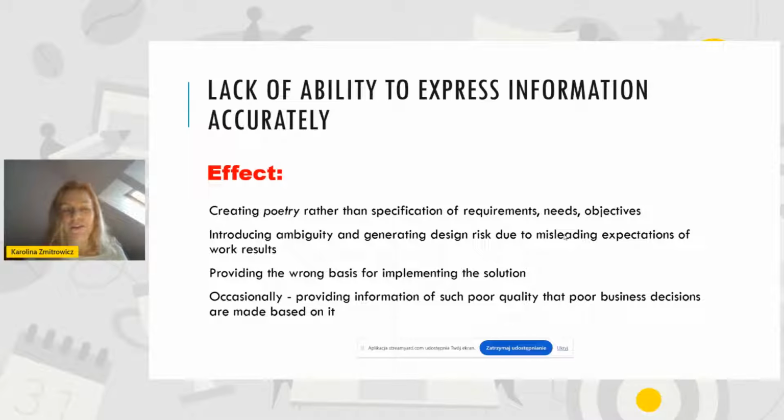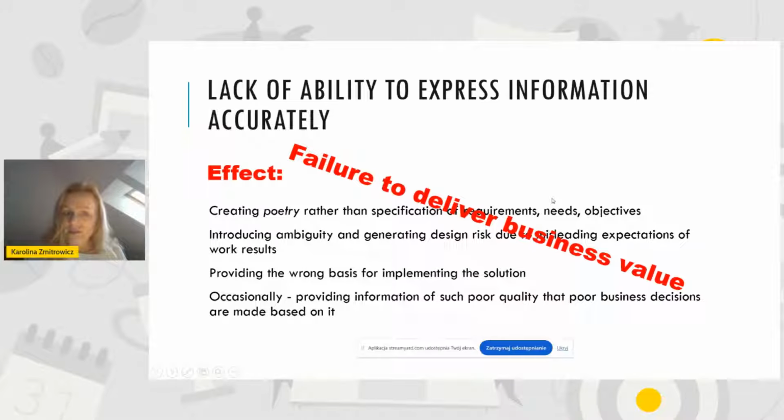And let me cite Tom Gilb, who told me once that every time he sees a requirement that is formulated in a way like the system should be usable or should be user-friendly or should be fast or whatever, it's poetry. It's not a requirement, it's poetry. It has nothing to do with a real specification.